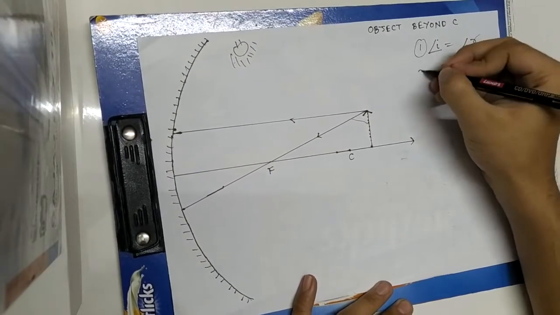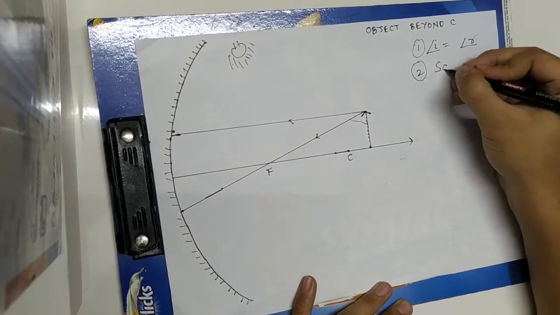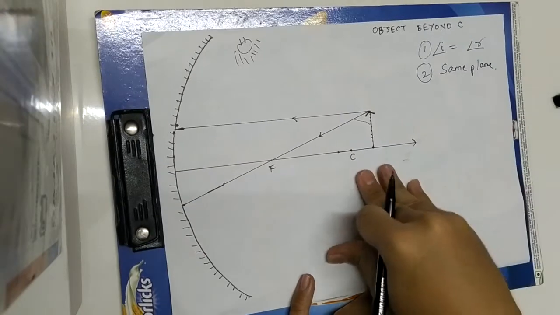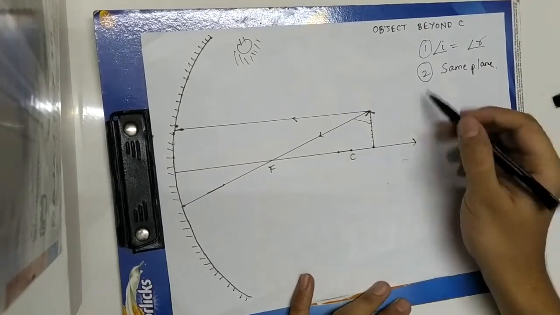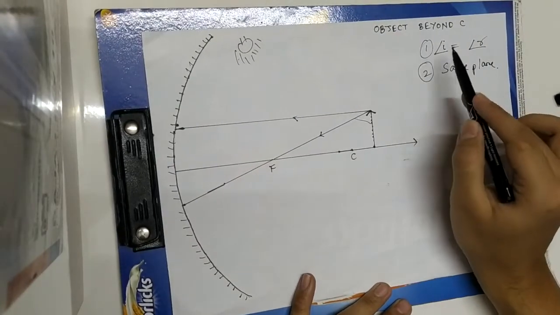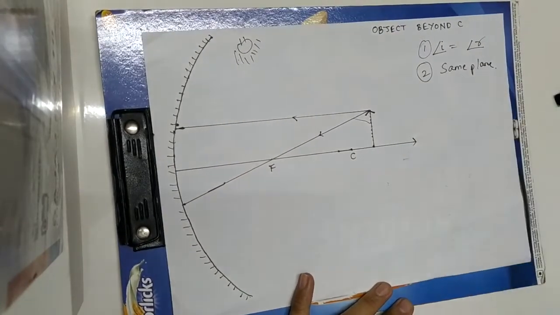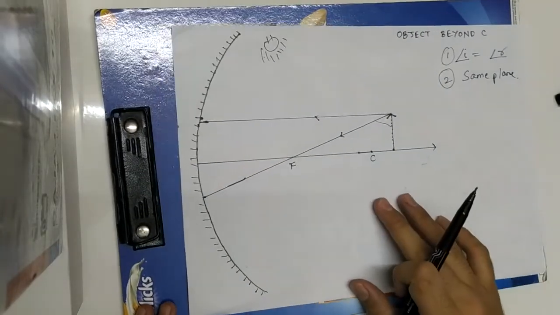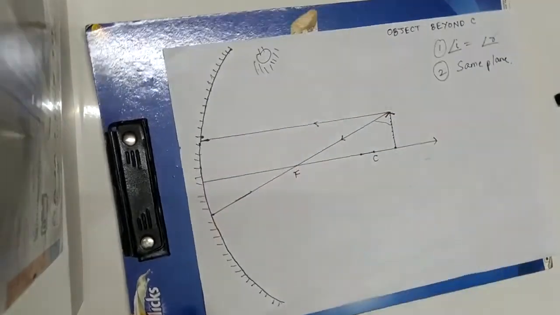The second is that everything is in the same plane. Here we are drawing on a sheet of paper, so the second rule we don't need while drawing. But for the first rule, we will use it and determine where these rays will go.